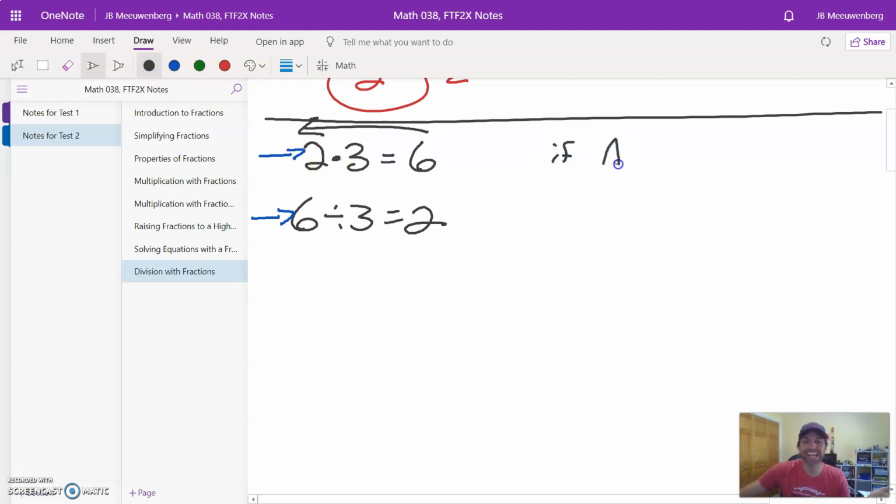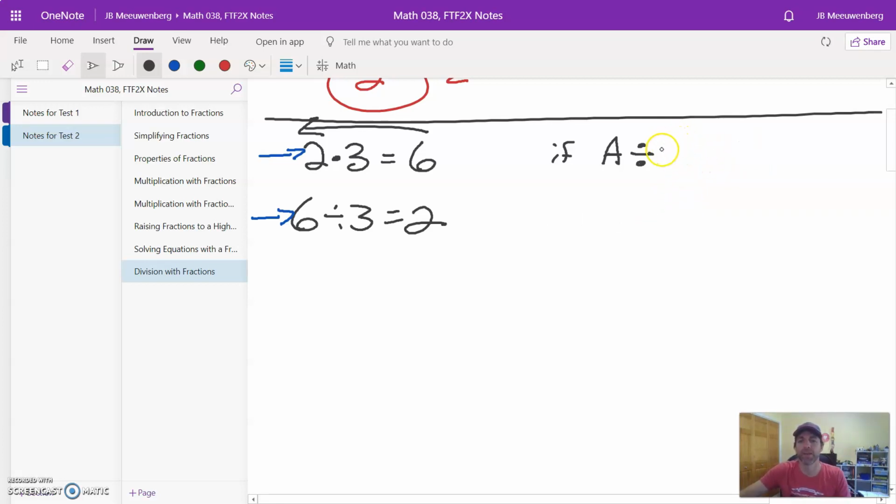If A divided by B is equal to C, we've got 3 different numbers. If this is true, then I can work it backward and say C divided by, nope, I'm sorry, I said that backwards.